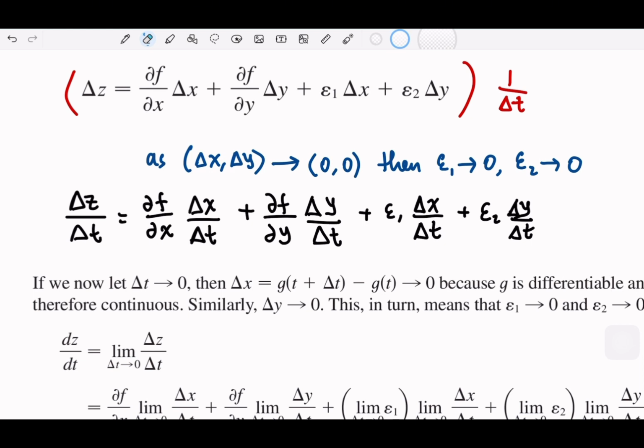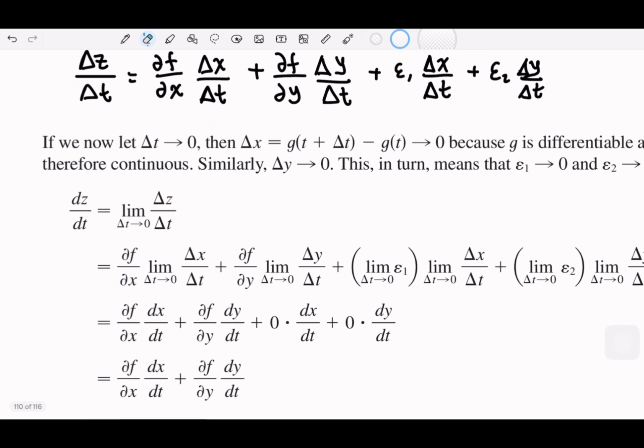If you remember the previous definition of the partial derivative using limit, we can make this delta z over delta t into our derivative definition using limit when it is approaching 0. So by doing that, we can make this into all of this.